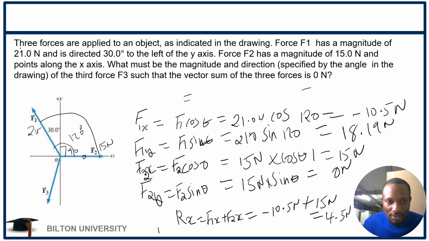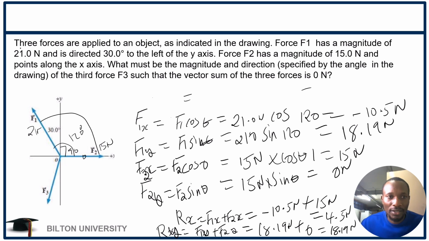And the resultant of Y is F1y plus F2y, which is 18.19 Newton plus 0, giving us 18.19 Newton.